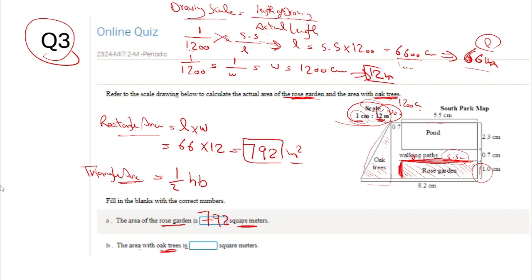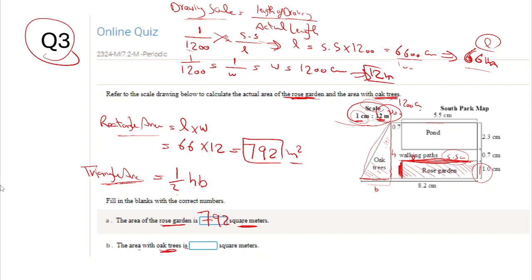Okay, this is the height and this is the base. So the area of a triangle is half height multiply base.